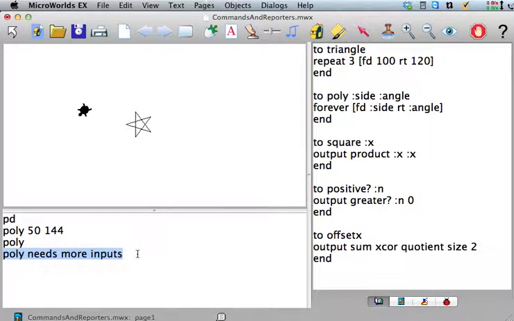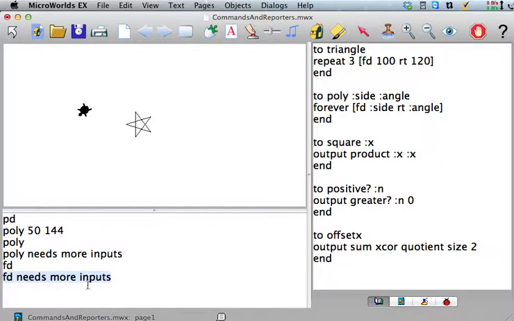Poly needs more inputs. So just like if you say forward and it needs more inputs, if you say poly, it's going to say poly needs more inputs, because what did we do? We're telling it that when you want to do poly, you need two inputs. This is going to be your first input, and this is going to be your second input.